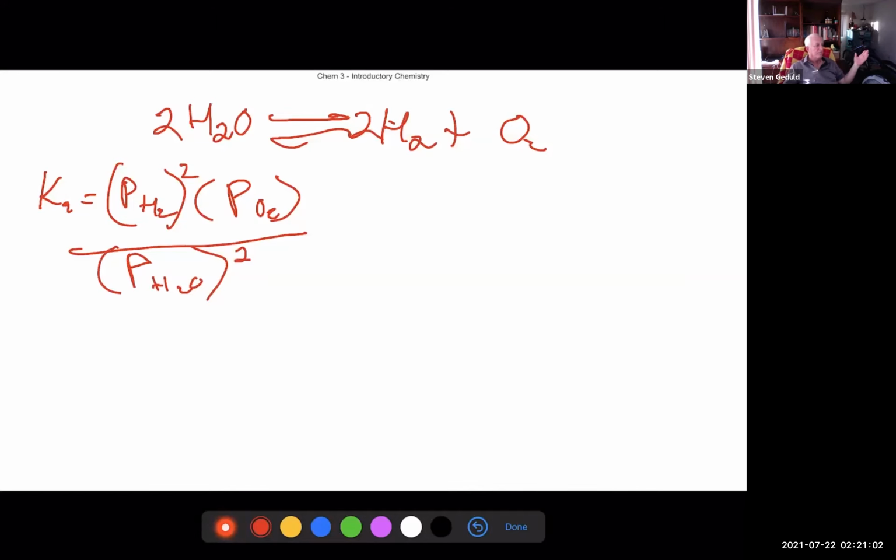And they put the values in. It says the pressures of water, hydrogen, and oxygen at temperature, respectively.